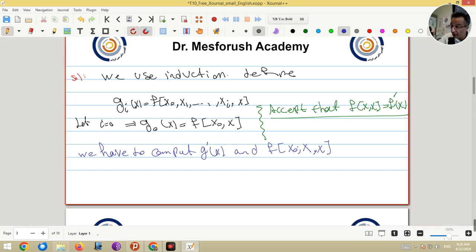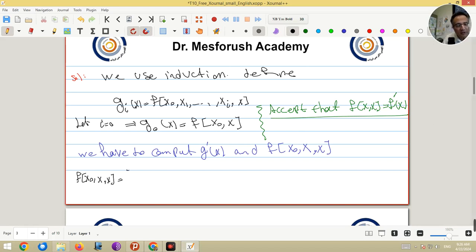In fact, the first step of induction is correct. So let me compute this one first. Let me consider f of x0, x and x.